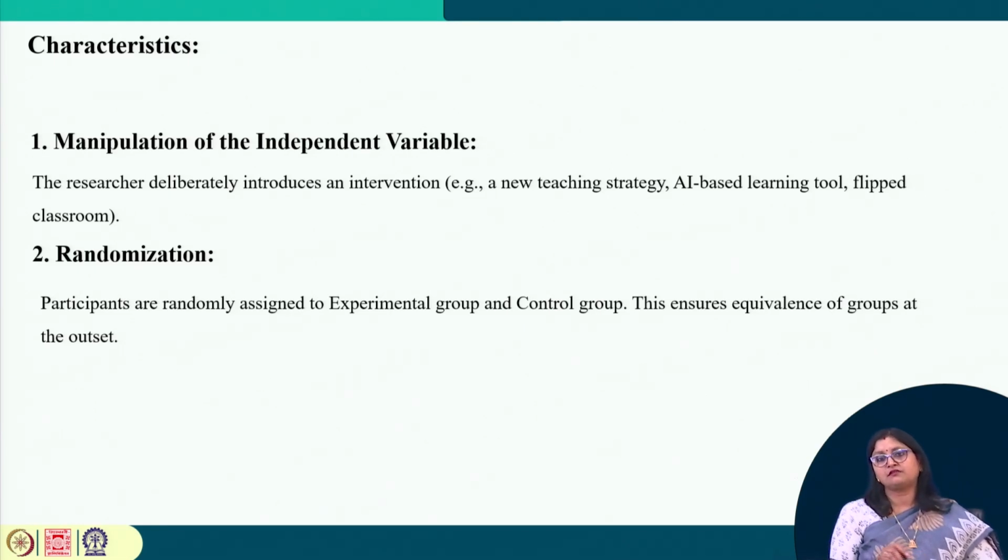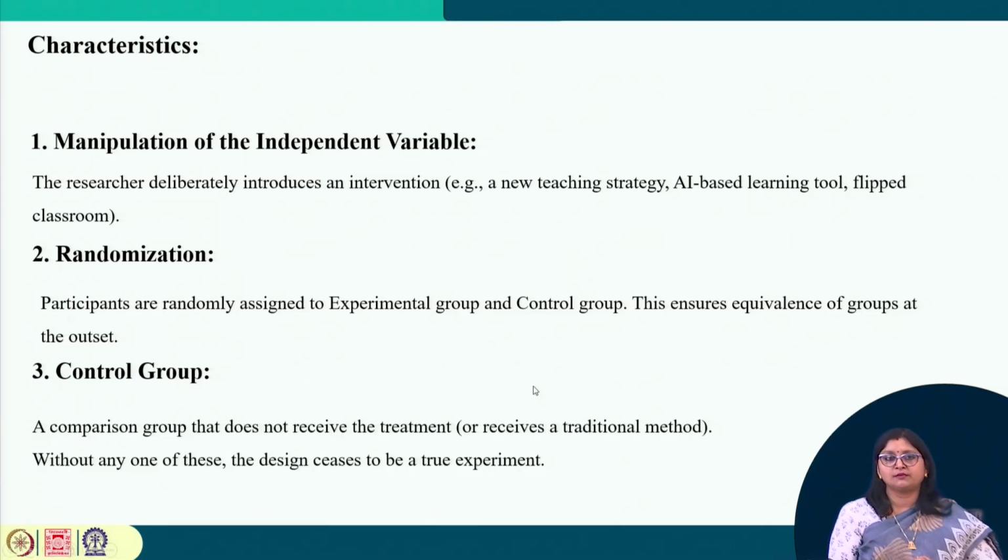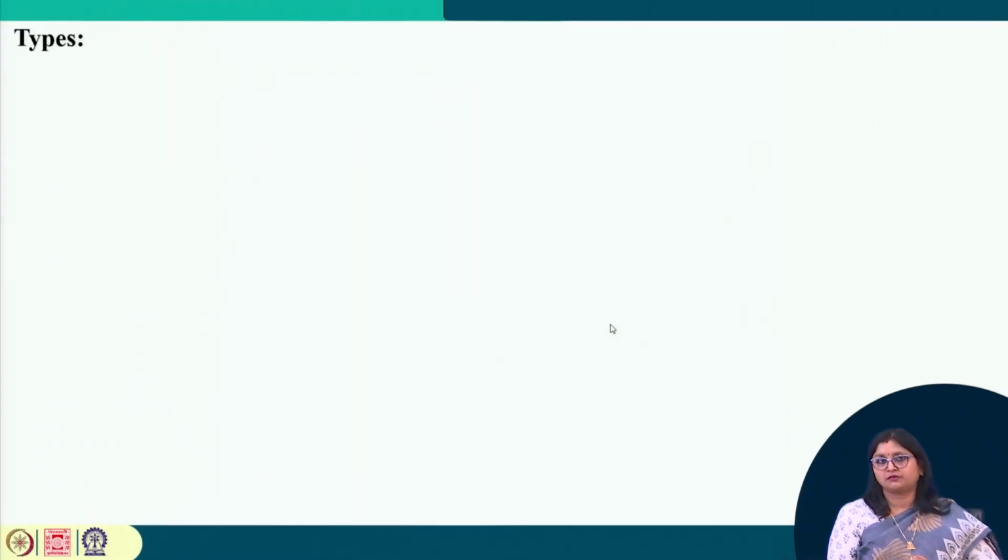This ensures the equivalence of groups at the outset. The third one is the control group, a comparison group that does not receive the treatment or receives a traditional method. Without any one of these, the design ceases to be a true experiment.